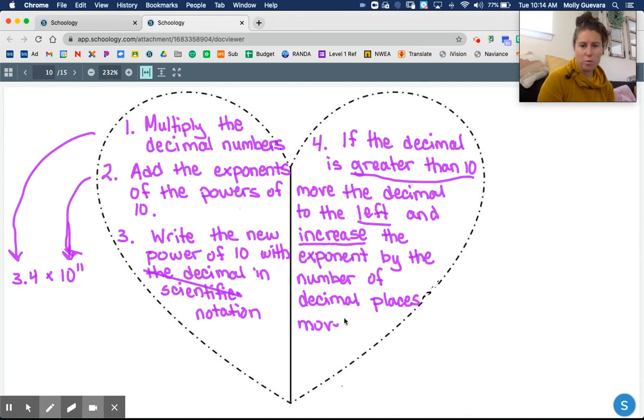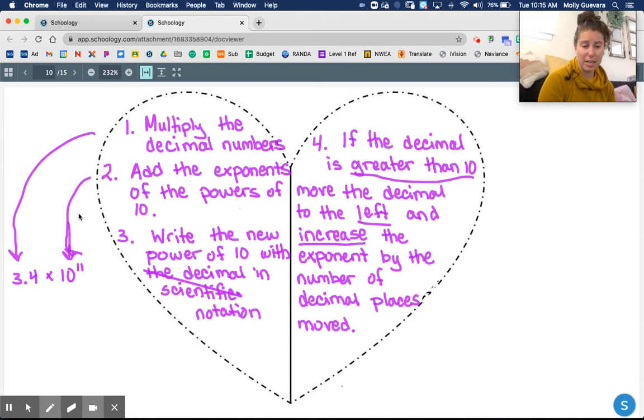So if you have to move that decimal point 3 spots to the left, then you'll have to add 3 to the exponent. If you just move the decimal point 1 spot to the left, you just add 1 to the exponent. And this step 4 is true whether it's multiplying or dividing scientific notation.